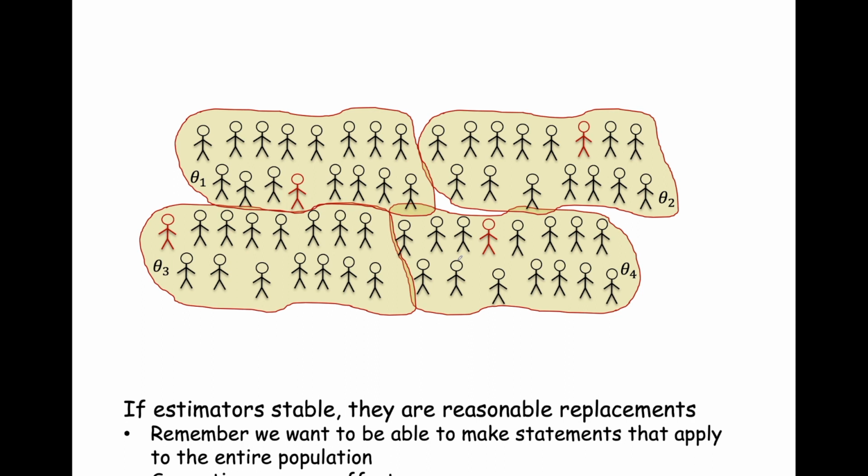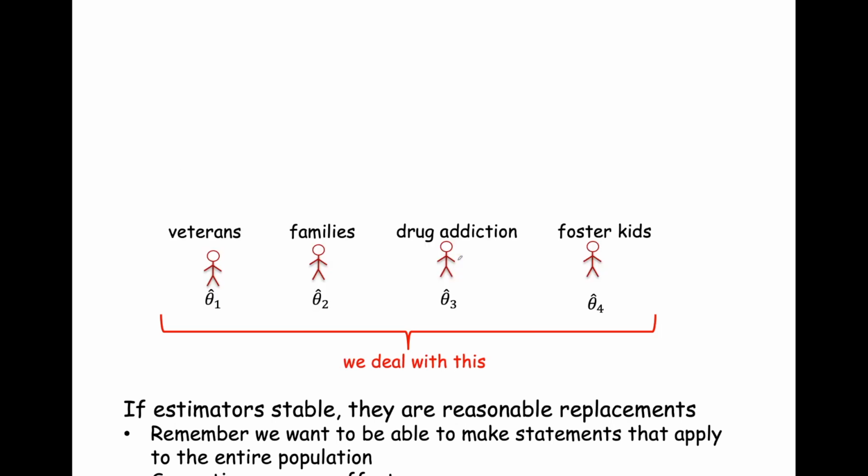This is done for a whole host of reasons, because it saves time, saves money, saves effort, but also there are many cases, such as finding members of the homeless population for your town or city or area. You'll never be able to find all of them, right? It's virtually impossible. So instead of dealing with the actual population, now you're dealing with the estimators that are good replacements for the governing population parameters describing your population.